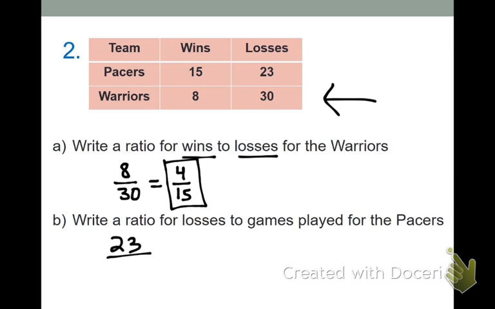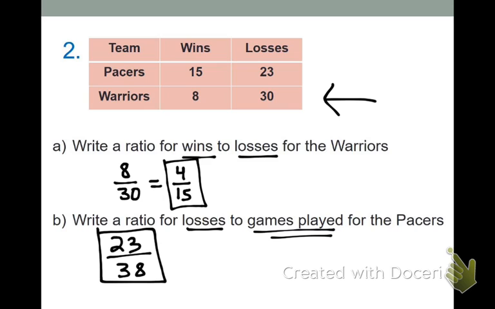Add the wins and losses together, and what is that? 38. Can this be reduced at all? No, it cannot. So your answer is 23 to 38. The main thing you want to make sure is always read it from left to right. Do the losses first, and then do the games played second. That'll give you your ratio. Make sure it's reduced. And if that's the case, then you'll be great.